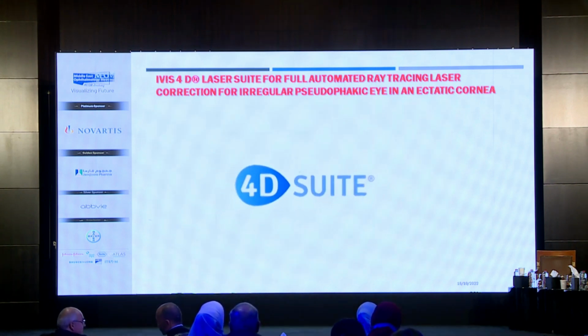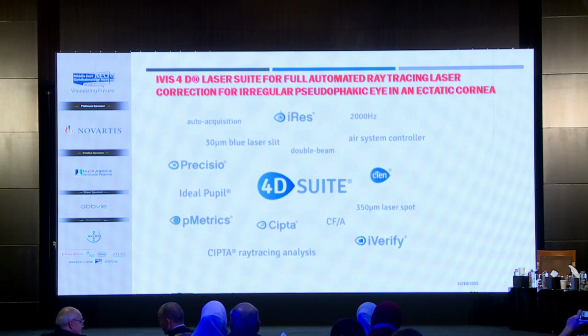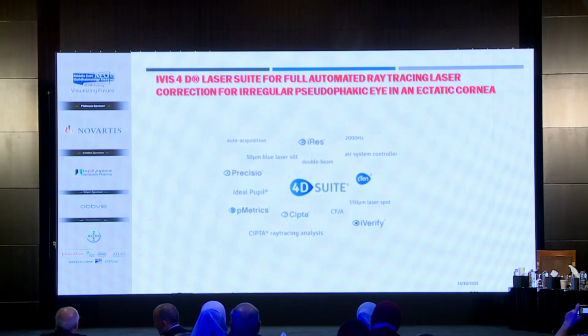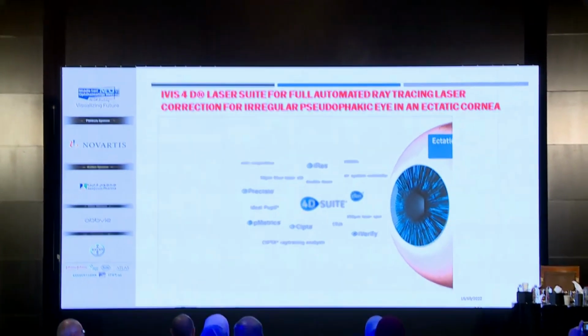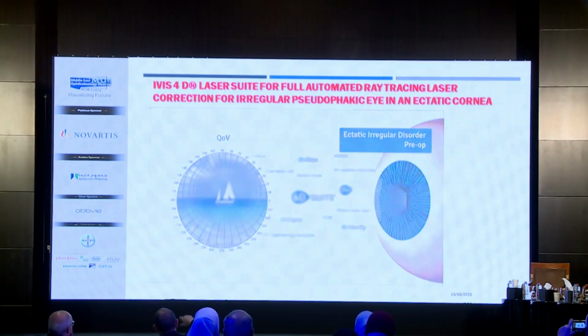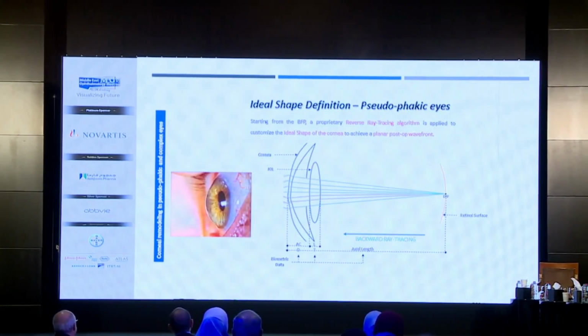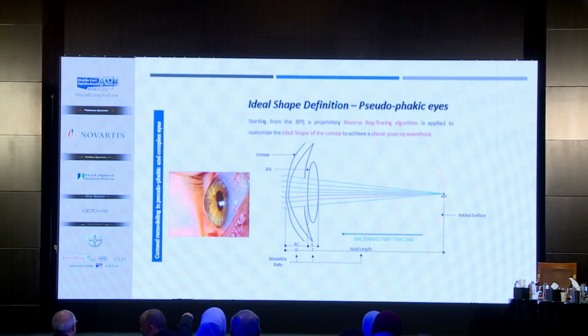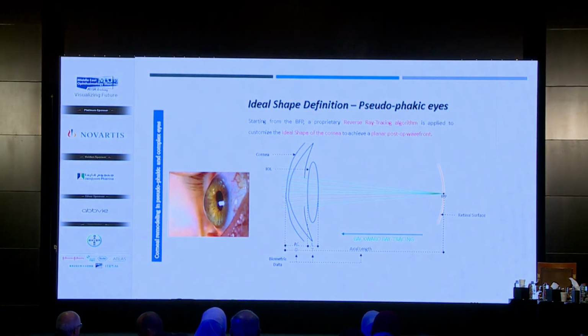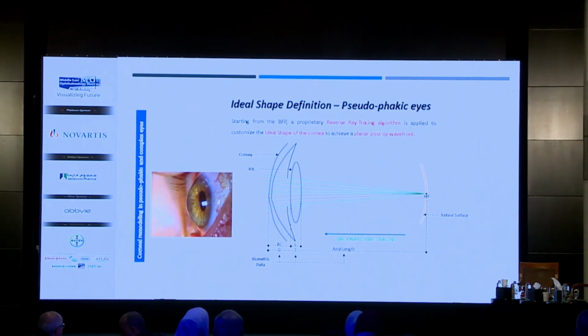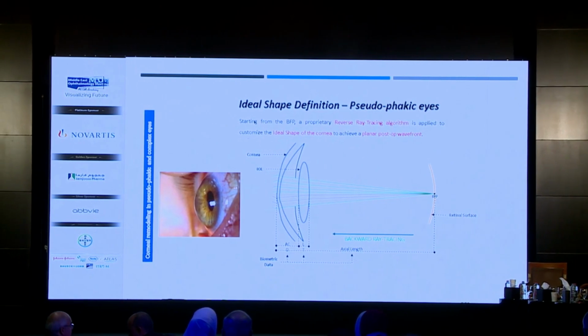The 4D suite's unique multi-patent know-how supports the treatment of greatly, not alternatively amendable, invalidating corneal pathologies. With this technology, we define an ideal shape of the cornea thanks to backward ray tracing technology, starting from the best focusing point on the fovea.